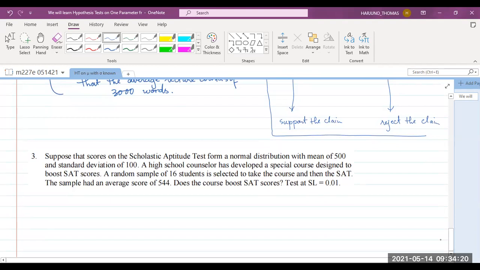Suppose that scores on the Scholastic Aptitude Test, that's SAT, form a normal distribution with mean 500 and standard deviation 100. A high school counselor has developed a special course designed to boost SAT score. A random sample of 16 students, so n equals 16, is selected to take the course and then the SAT. The sample has an average score of 544.